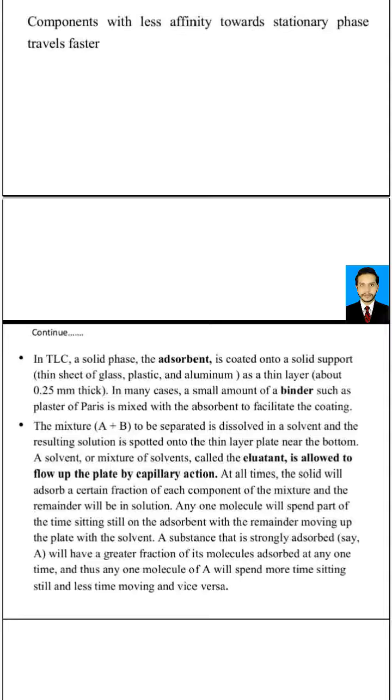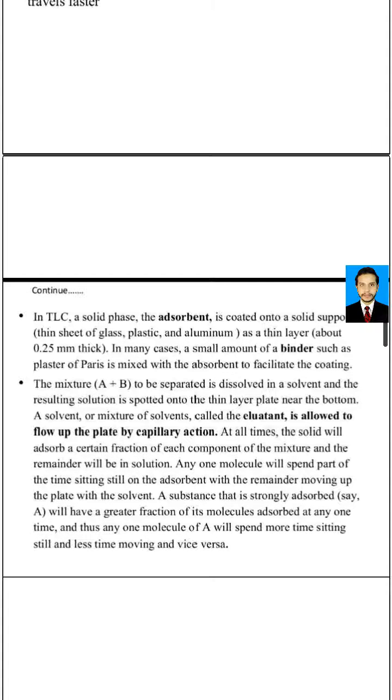is spotted onto the thin layer plate near the bottom. A solvent or mixture of solvents called the eluent is allowed to flow up the plate by capillary action against gravity. At all times, the solid will adsorb a certain fraction of each component of the mixture and the remainder will be in solution.